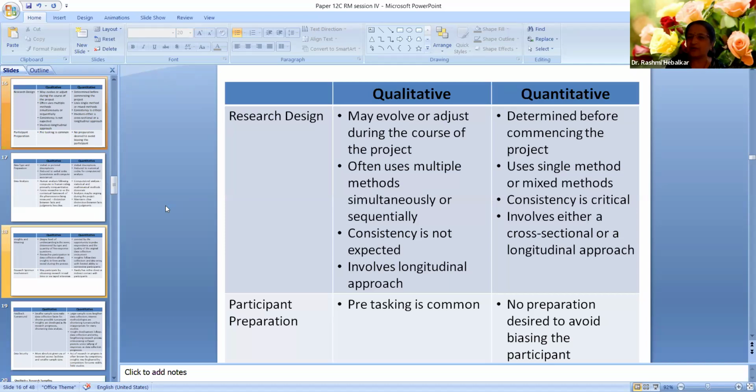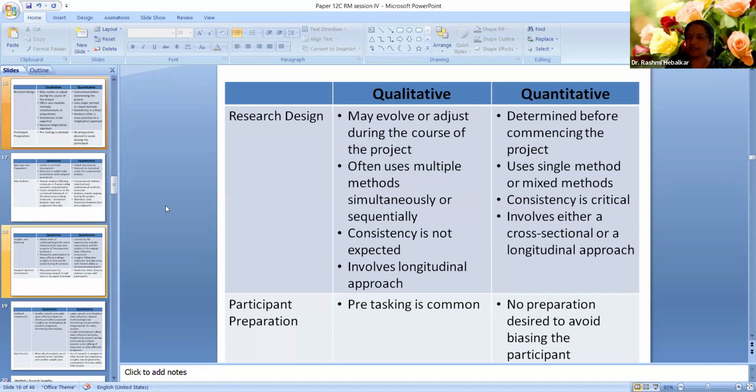Why is it not required in quantitative? Because it is a survey form. Quantitative design means survey only. So when the survey form is decided and pilot testing is done, no changes are made in the survey form. So consistency has to be there because statistical analysis is done.